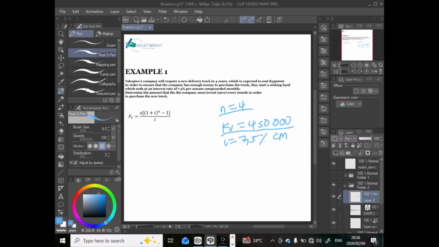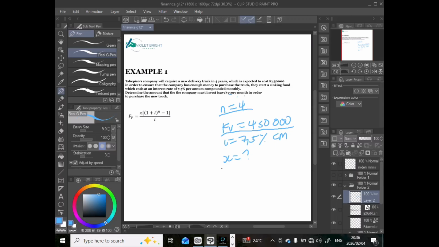So now let's continue. So we have the number of years. Unfortunately we don't have the X, because the question says determine the amount of money the company must invest or save every month.